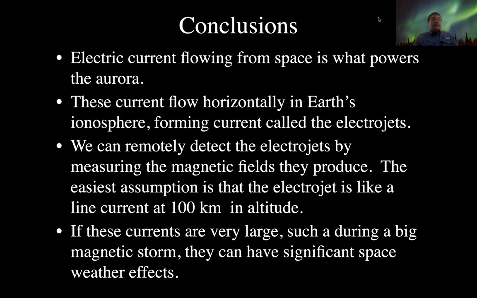As you'll see in the activity we've designed, the easiest zero order assumption is to assume the electrojet is like a line current at 100 kilometers in altitude, and then figure out how much current is in the electrojet by looking at the magnetic field you measure on the ground. And of course, if these currents are very, very large, like during a big magnetic storm, they can have significant space weather effects.